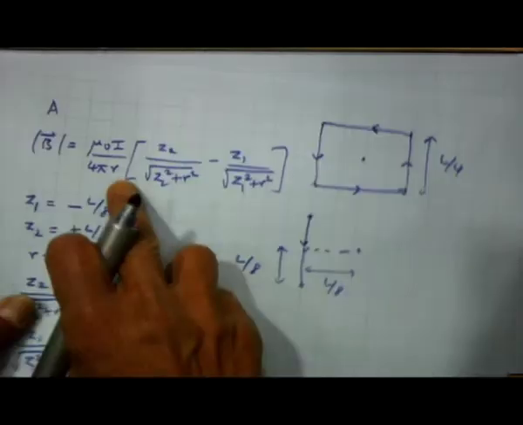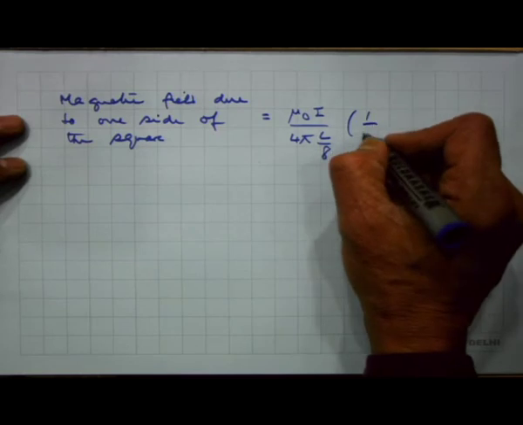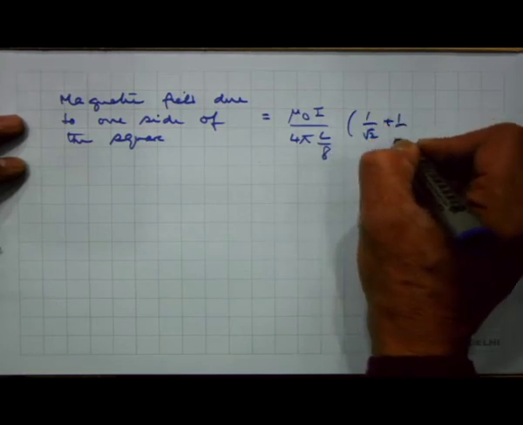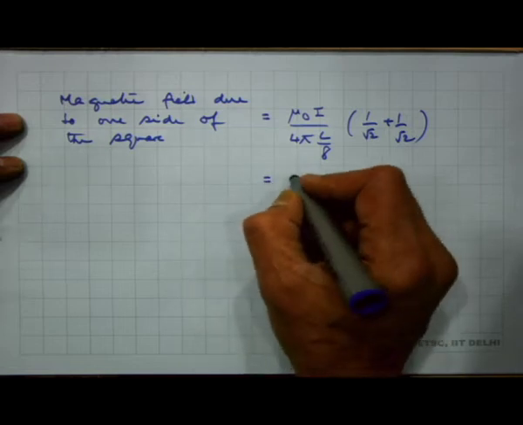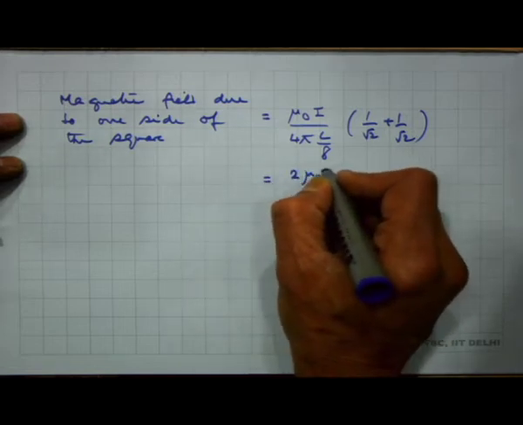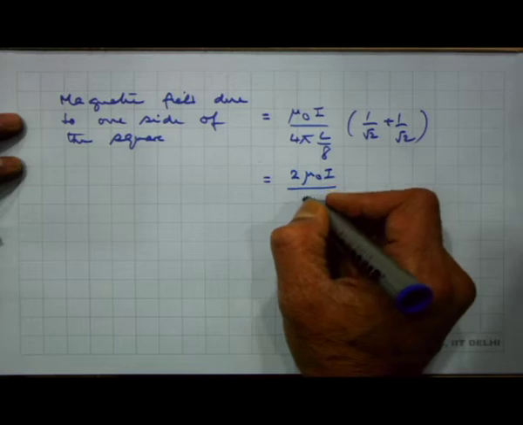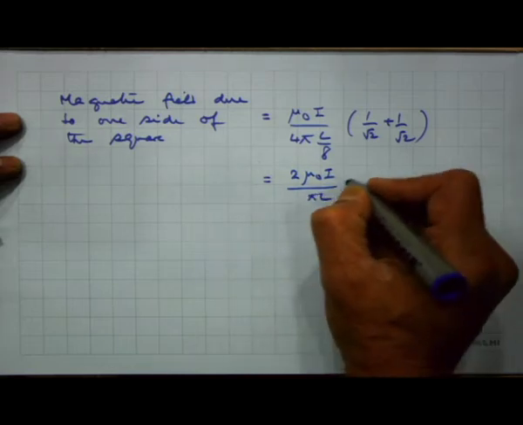Remember, r is L by 8, and then I have 1 by root 2 plus 1 by root 2, which is equal to 2 mu naught I by pi L into root 2.